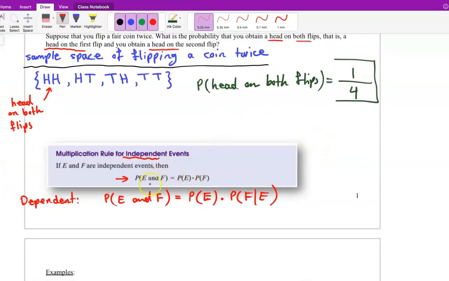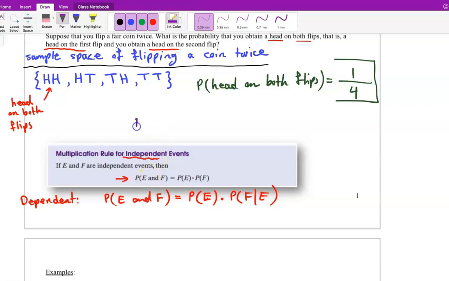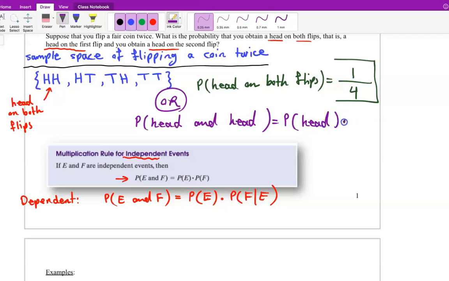Now I want to use this rule on this part. So this was using the sample space. Now I want to use the rule. Probability of having head and second try again head is equal to probability of head multiplied by probability of head.